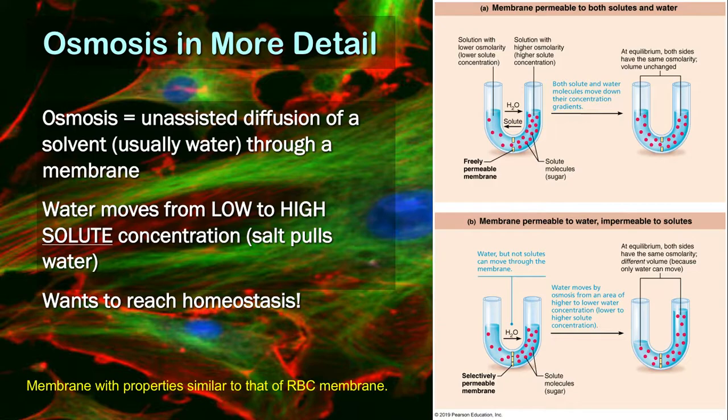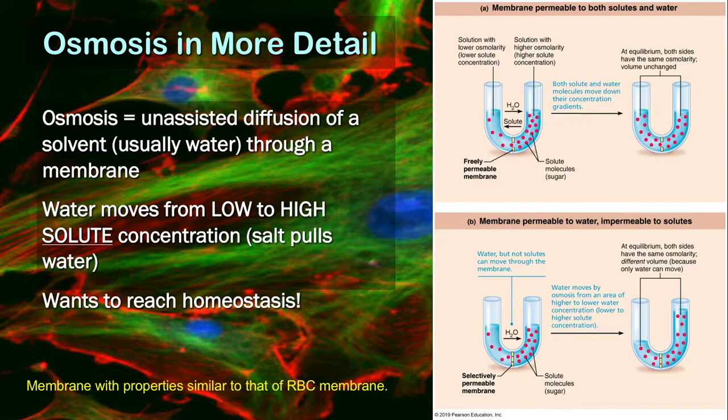So it's moving from low solute to high solute, or from low salt to high salt, because the amount of salt that's present is going to be opposite from the amount of water that's present when we're looking at a solution.